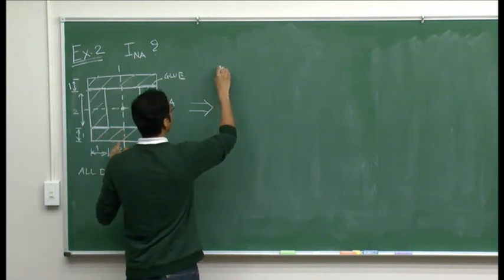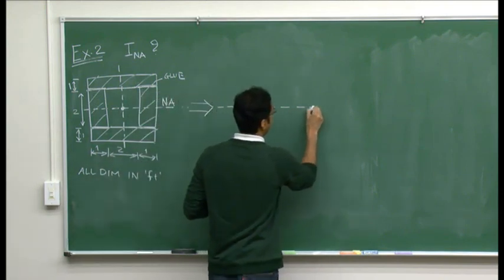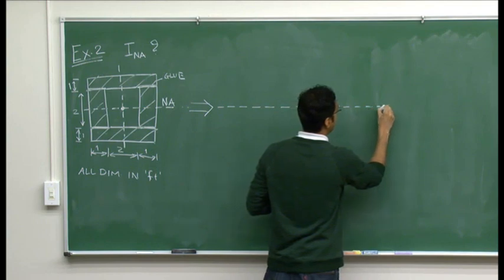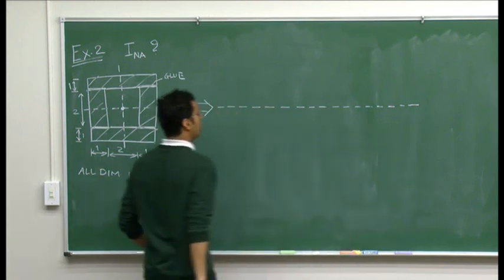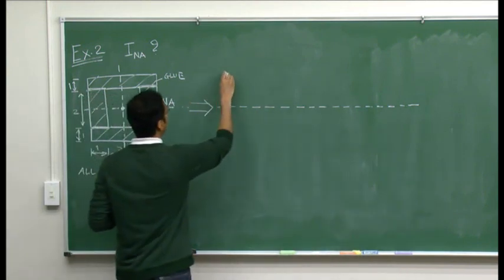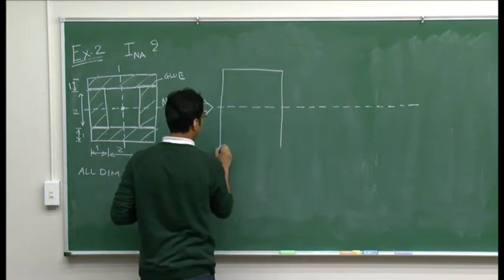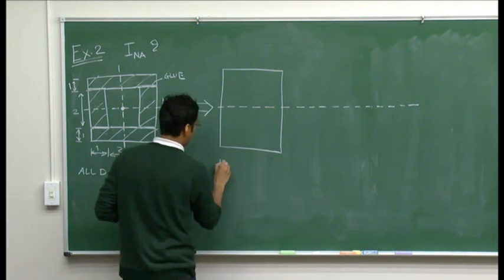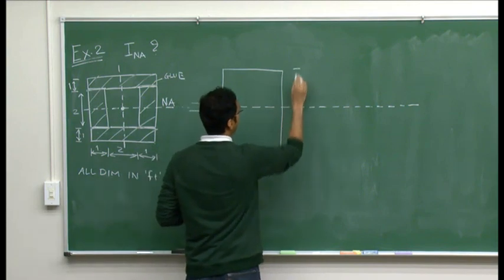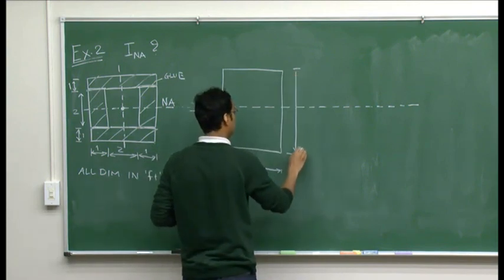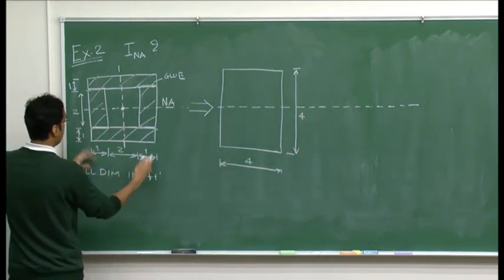So what we are going to do is we are going to draw an outer rectangle, which is 4 feet wide and 4 feet high, which is nothing but 1 plus 2 plus 1 is 4.